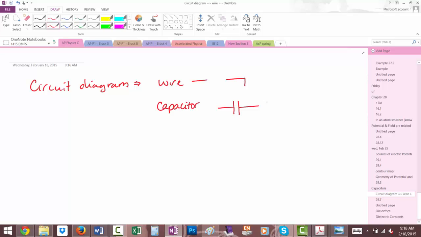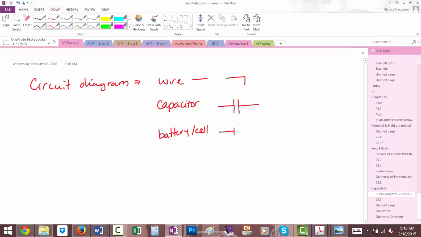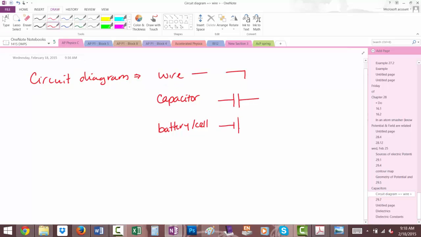And the other thing that we're going to need right now is some sort of EMF. And since our generator doesn't work, I know, right? We're going to go ahead and get some batteries and use a battery, okay? So a battery, or sometimes they call them cells, and we'll talk about the difference between that later, is drawn very similar to a capacitor, but instead of having two lines that are the same length, they have two lines of different lengths, and the different lengths represent the two different potentials, okay?